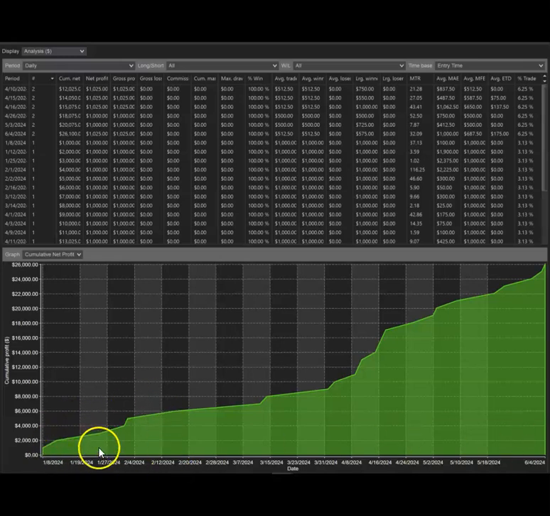Beginning of the year to now, no losing days. So, beautiful equity curve. And who in the heck would think you could do that on the ES or the MES instrument? Some people might think, oh, that'd be easy to do on the NQ, but no, you can find very stable stuff even on instruments like the ES and MES.